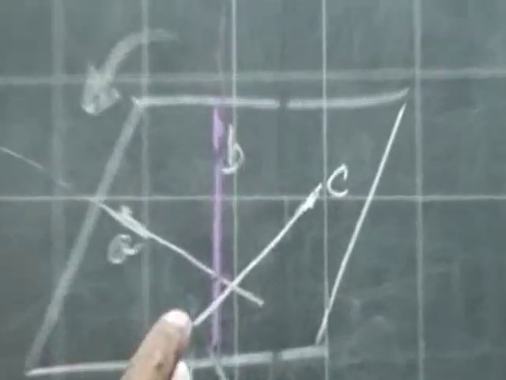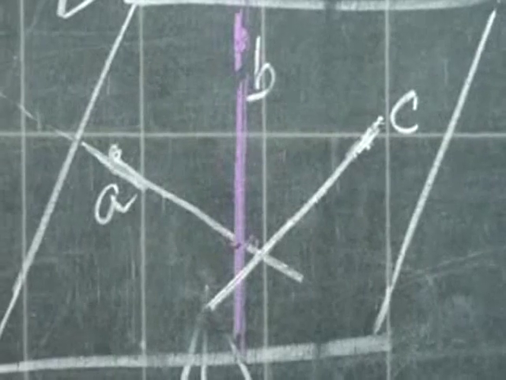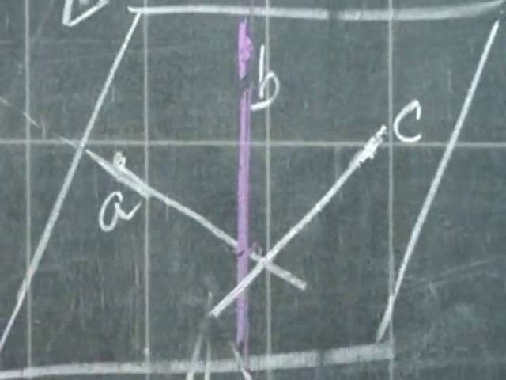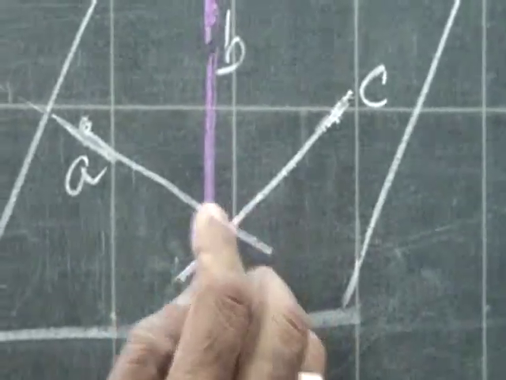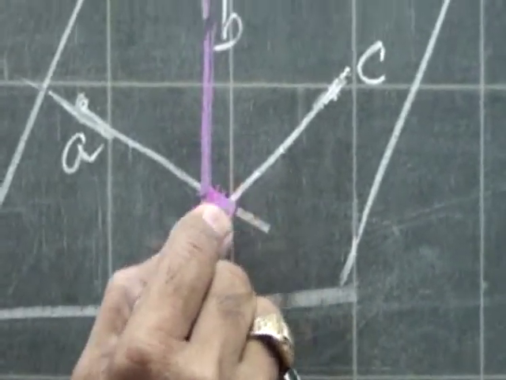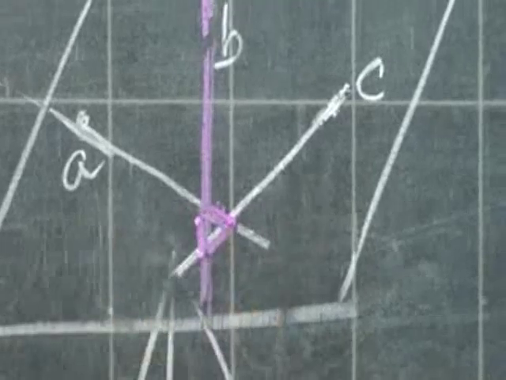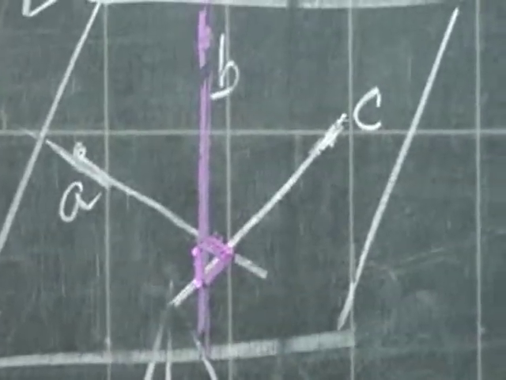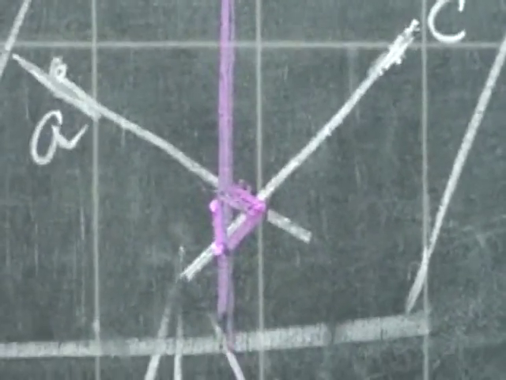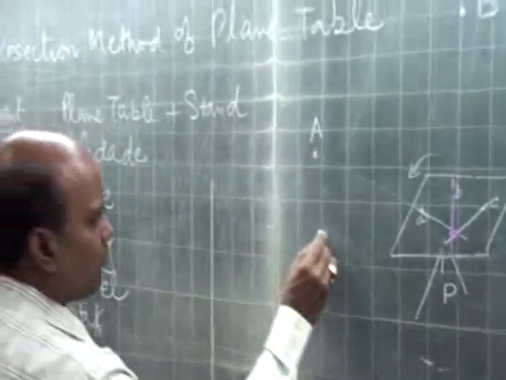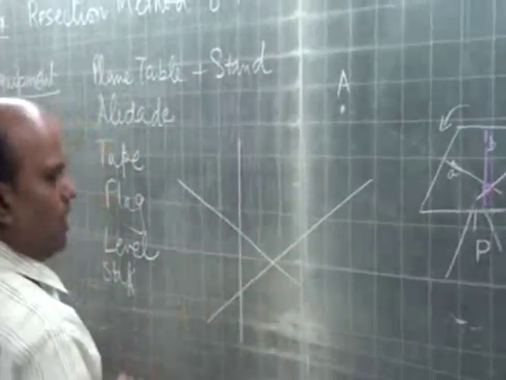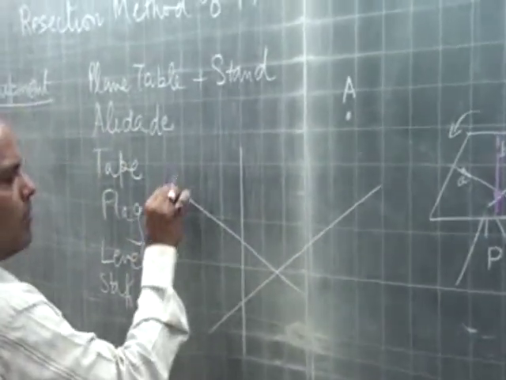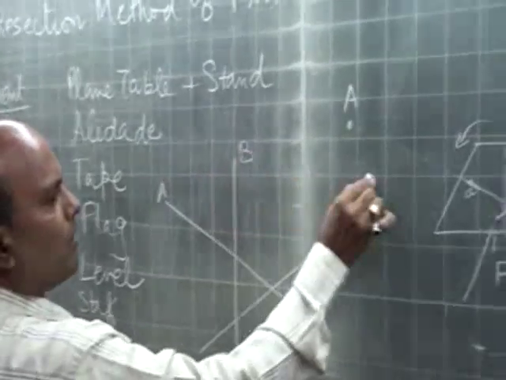If our orientation is perfect, we may get a single point, but since our orientation is not perfect and we have a small error, normally we get a triangle here. These three rays will intersect and form a triangle. I make a bigger figure here now. This is my ray from B, this is my ray from C, and this is my ray from A.